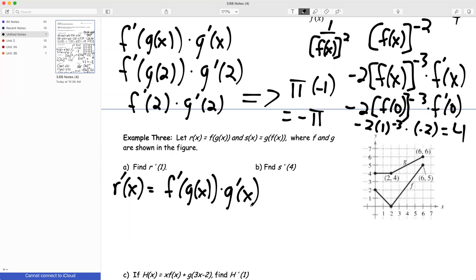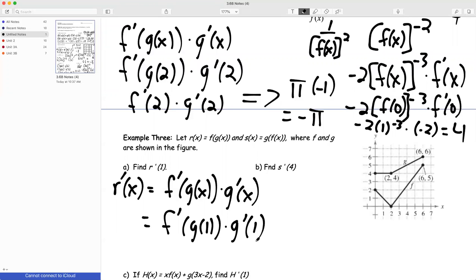This is something that you should know going forward, okay? Anytime you have f of g of x, the derivative is always going to be in this form. So now I'm going to evaluate it at 1. So I have f prime of g of 1 times g prime of 1. Now they do not give me these values.